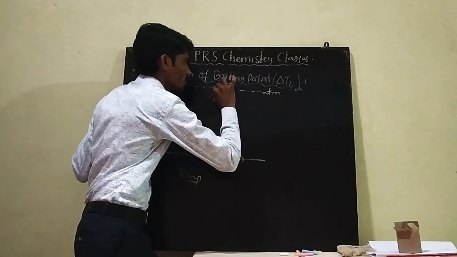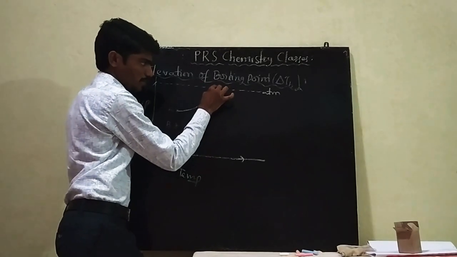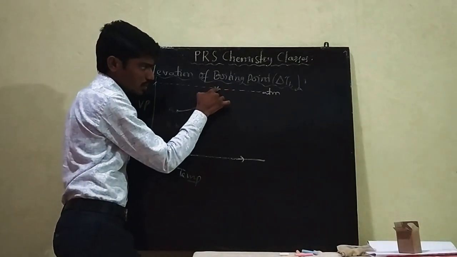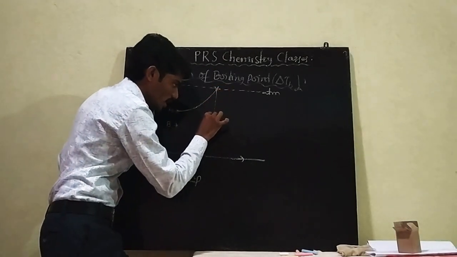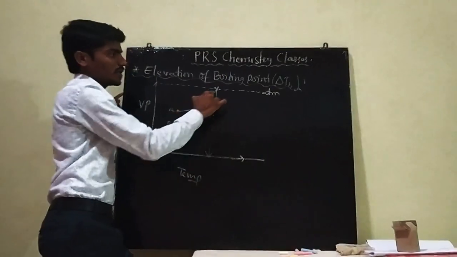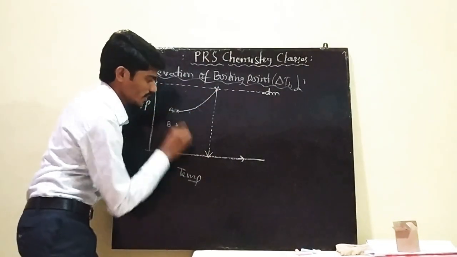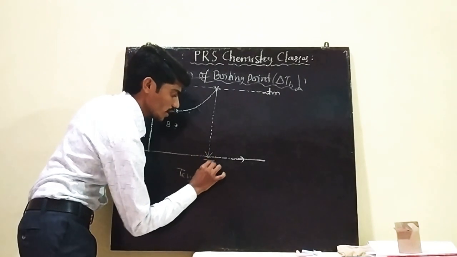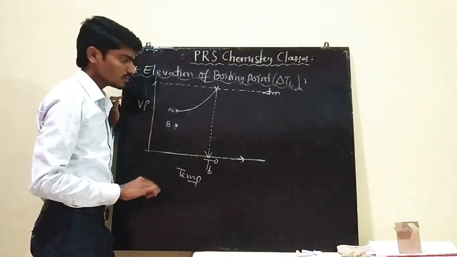At a particular temperature, the vapor pressure of the substance becomes equal to atmospheric pressure. ये जो temperature है, the temperature at which the vapor pressure becomes equal to atmospheric pressure is known as boiling point. ये solvent है, so this is the boiling temperature of solvent, T0B.